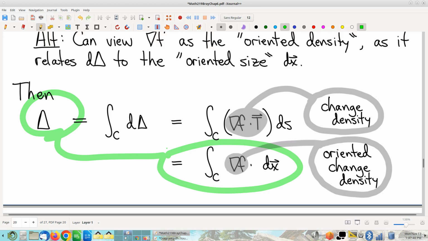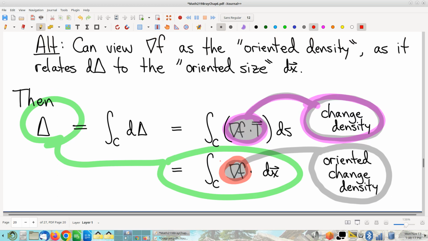So if we're going to say that gradient dot t is the actual density of change, that's how much of the actual accumulating quantity per unit size, what then interpretation would I make of the gradient by itself? This is something we'd like to have a sense for, because after all, it is really the integrand, right?